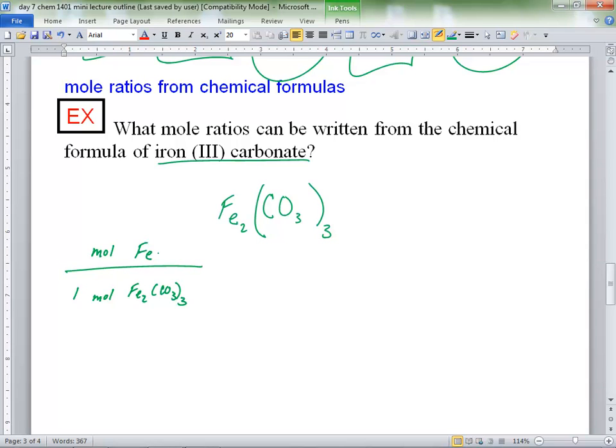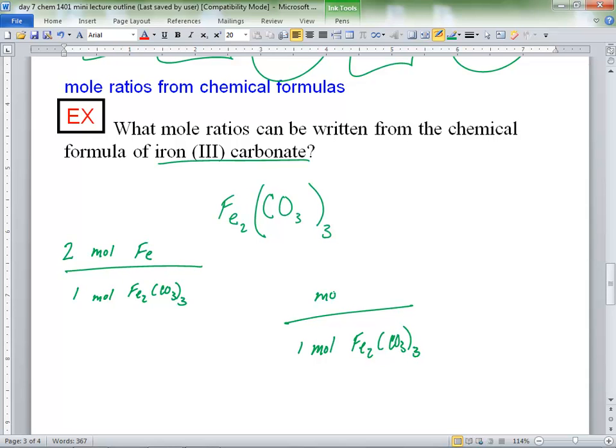I actually have 2 irons. Think of it this way. If you're going to find the molar mass of this thing, you'd take 2 times iron, wouldn't you? So you have to have 2 irons. If you have 1 of those units, you actually have 2 moles of iron.